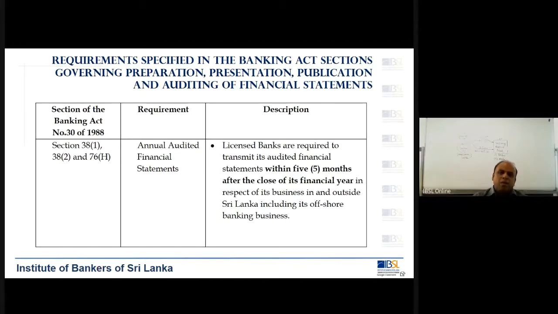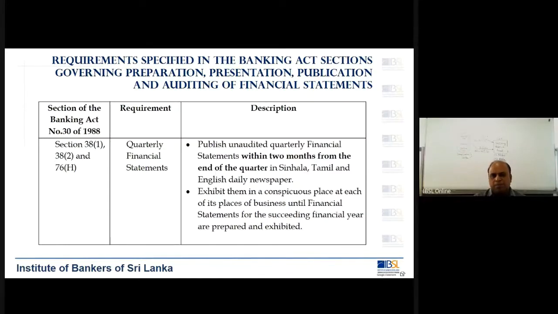And what they talk about is in respect of its business in and outside Sri Lanka, including its offshore banking business. So we were talking about FCBUs. Then the same sections also cover quarterly financial statements, so we were talking about interim financial statements. Your annual audited financial statements will be as of 31st December, but your quarterly financial statements will be as of 31st March, 30th June, and 30th September.